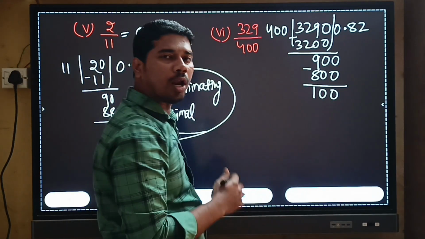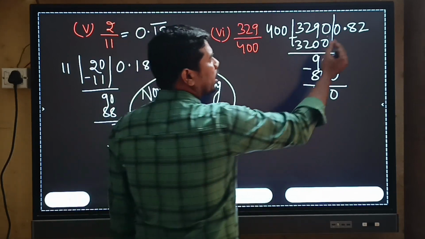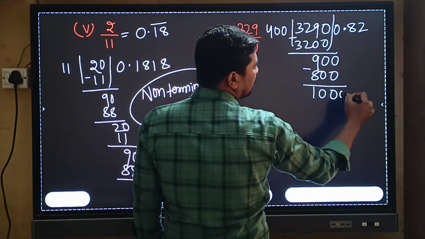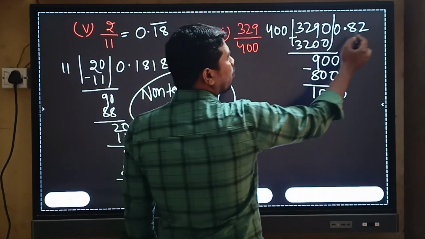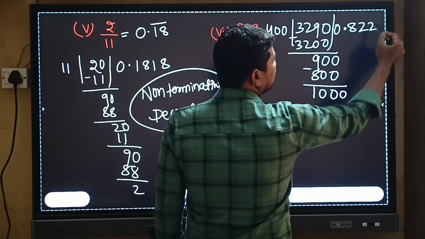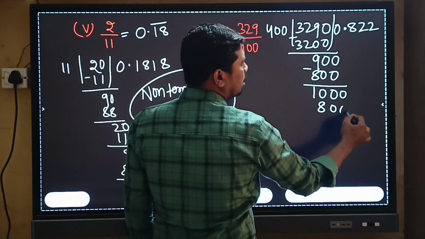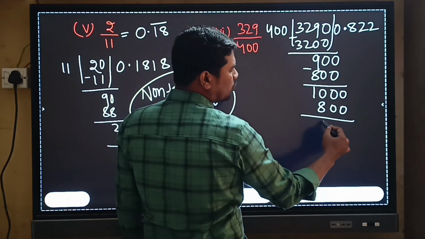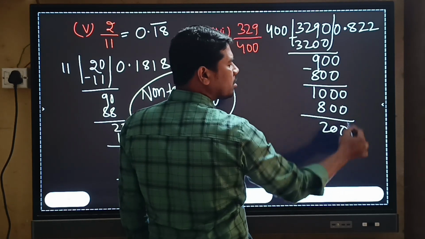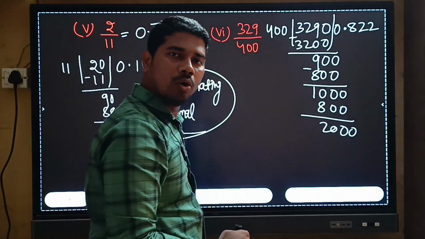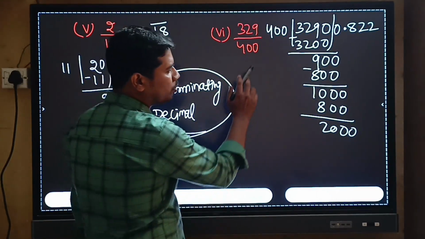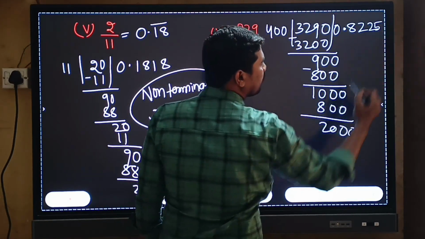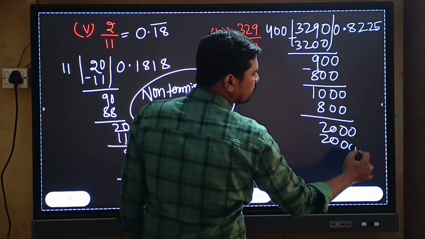100 is smaller than 400. So point is there means you can write here 0. So 400 2s are 800. Now it will become 200. Point is there means again 0 will be added, so 2000. 400 5s are 2000.